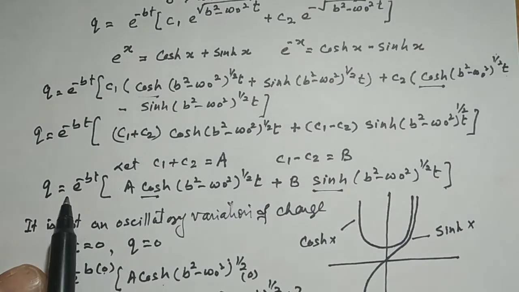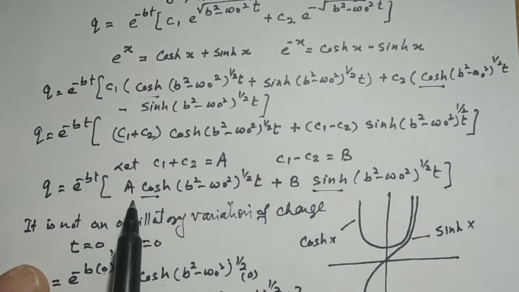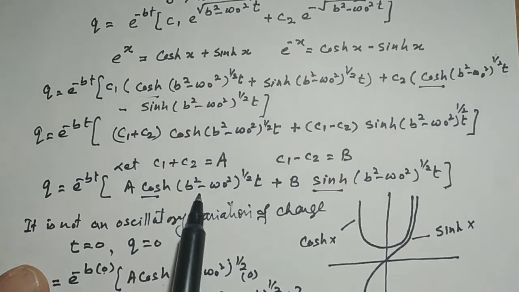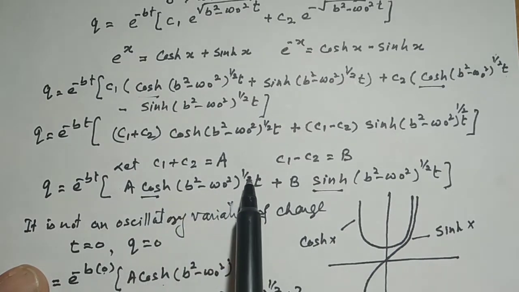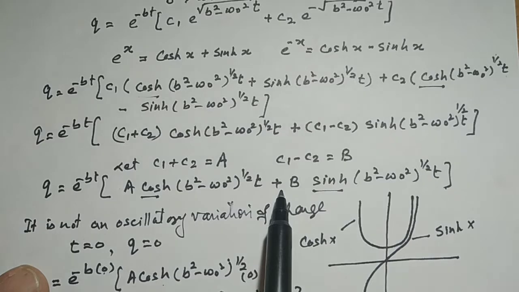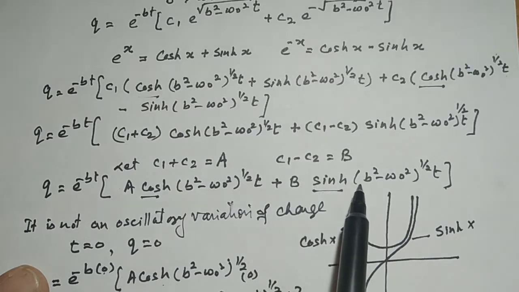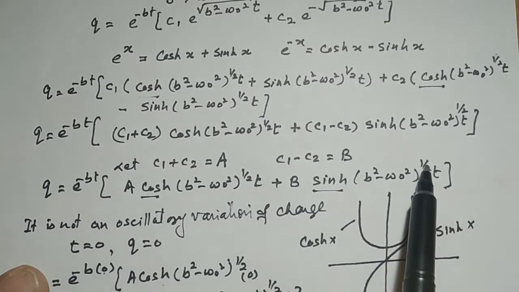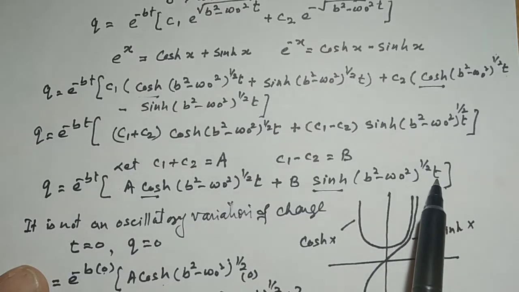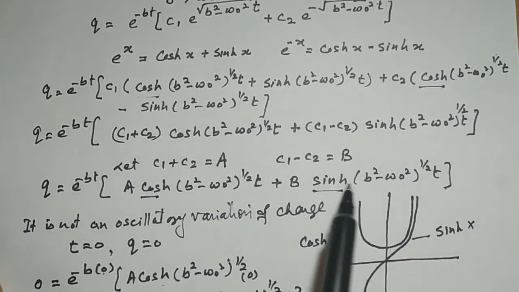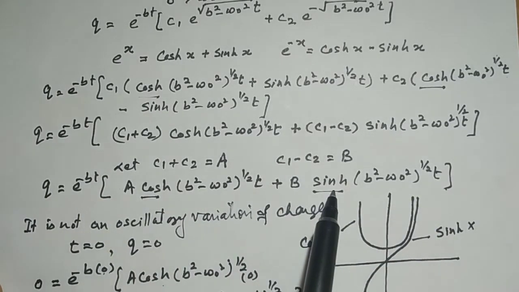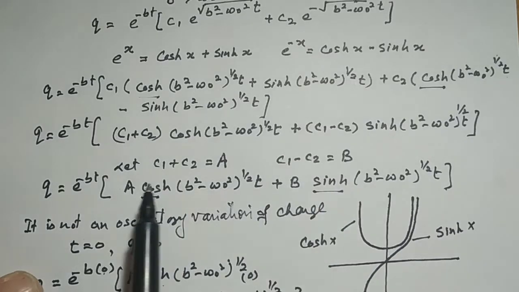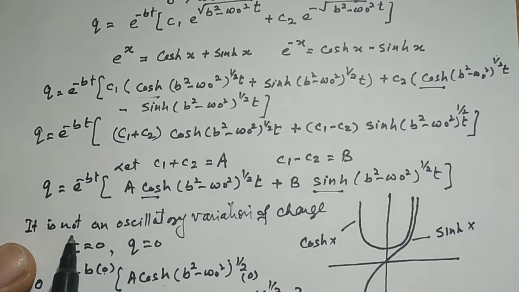So the equation comes out to be like this, that is a cosh of (b squared minus omega naught squared)^(1/2) t plus b sinh of (b squared minus omega naught squared)^(1/2) t, this half means square root. Okay.